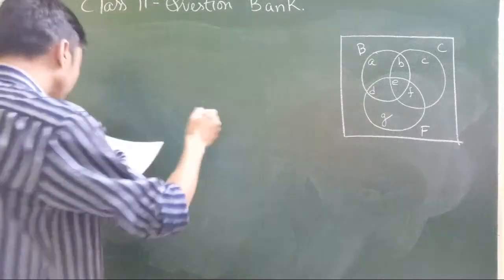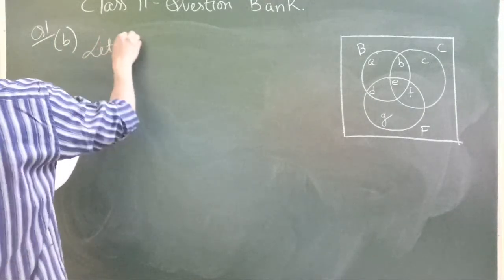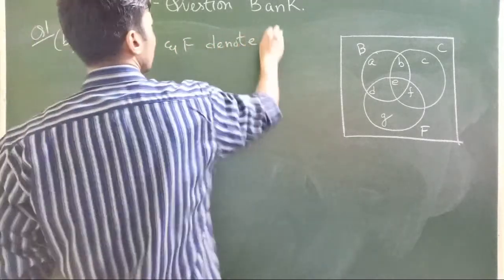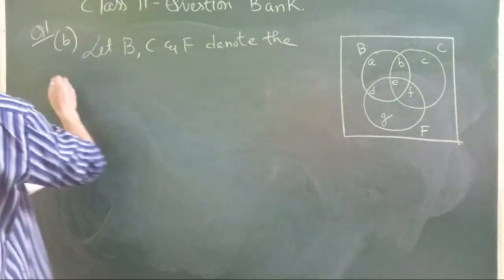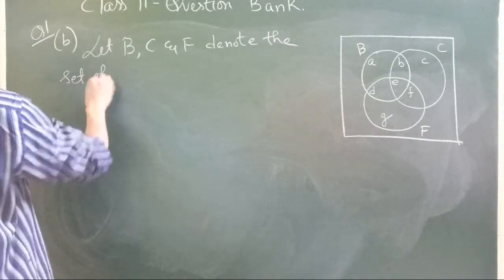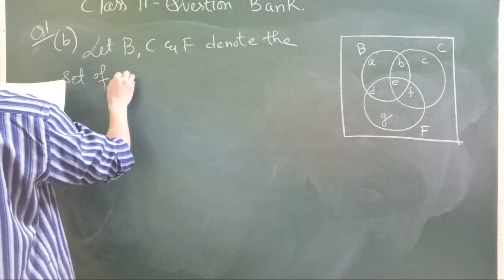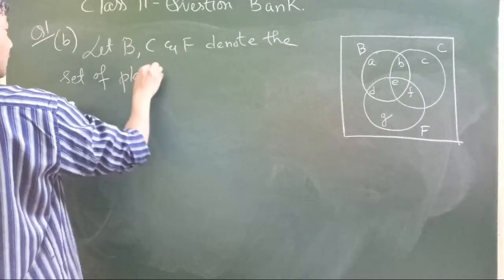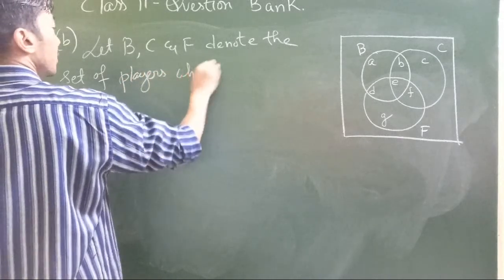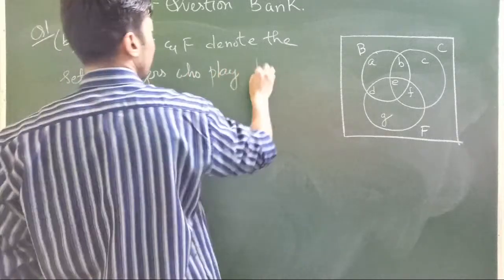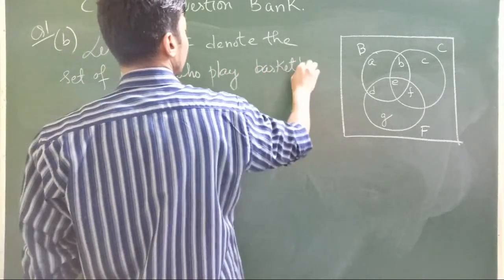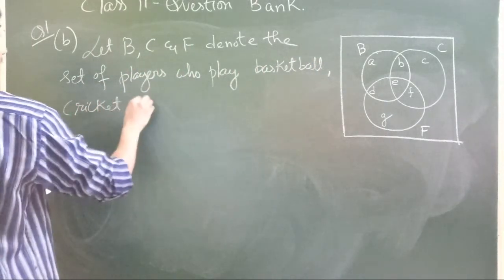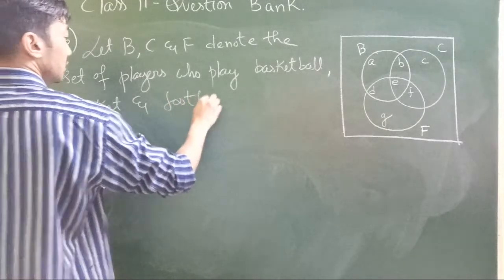So let me just explain. So let B, C and F denote, this is a very simple question, okay? Denote the set of players who play basketball, cricket, and football.